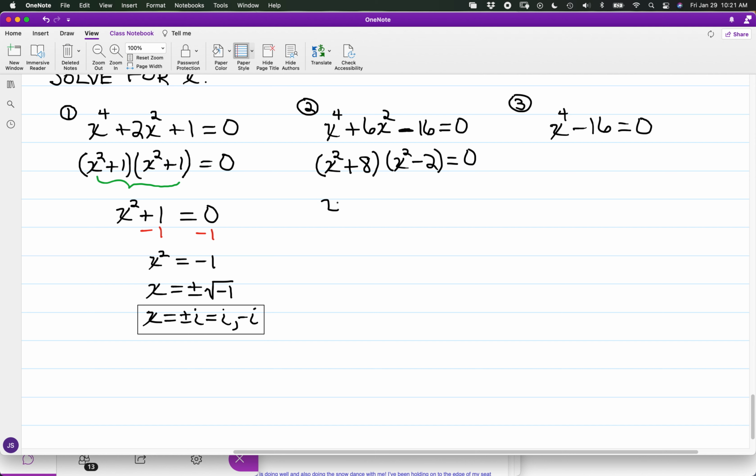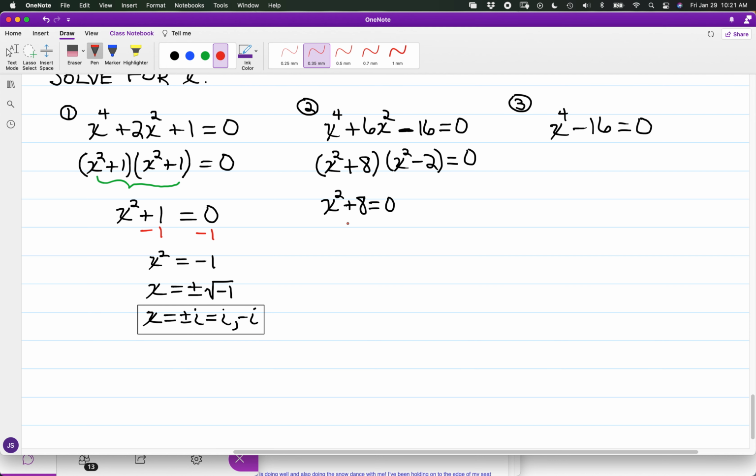All right, and so just taking what we have here, if I set the factors equal to 0, so you have x squared plus 8 equal to 0, and if I isolate the x squared term, I'm going to have x squared is equal to -8. And if I go from second to first degree in x, you have plus or minus the square root of -8.